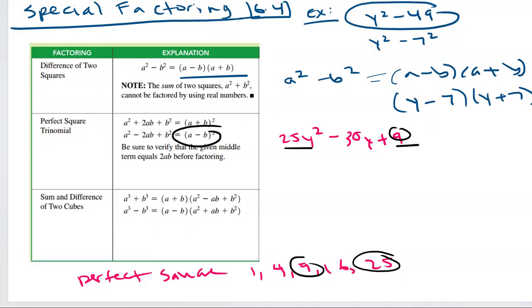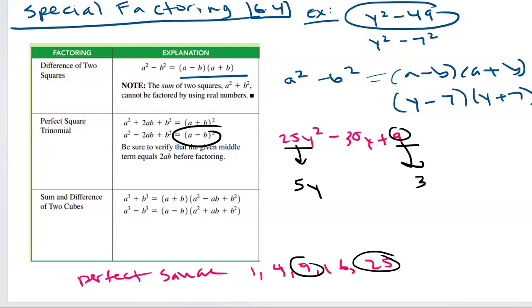So in this case, 25, when I take the square root of that, it's going to give me 5. And then same thing here, when I take the square root of 9, it's going to give me 3. Now, we can't forget about the variable. So that's going to be y.